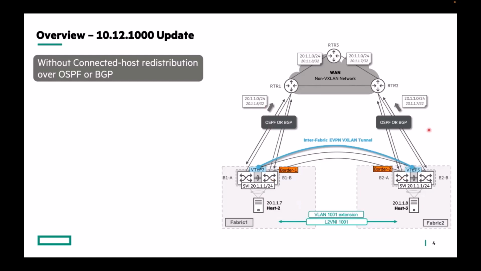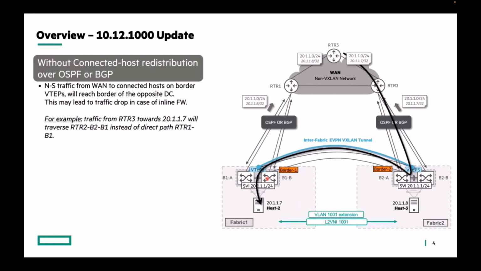From the other side, you will see the same. Also, you would find that the north-south traffic from top to bottom, from the WAN to connected hosts on the border VTEPs, will reach the border of the opposite DC, as you see in the black direction here. This may lead to traffic drop in case of an inline firewall.